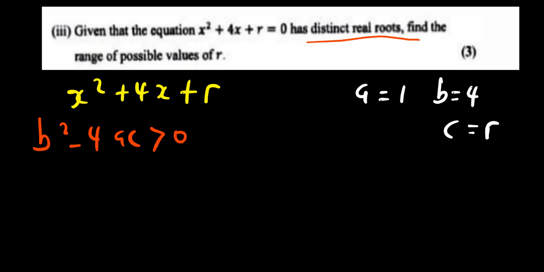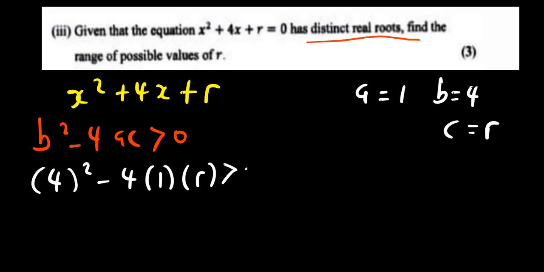So that's what that means. Now let's replace into this expression. What is our b? Our b is 4, so it will be 4 squared minus 4, our a is 1, our c is r. This should be greater than 0.